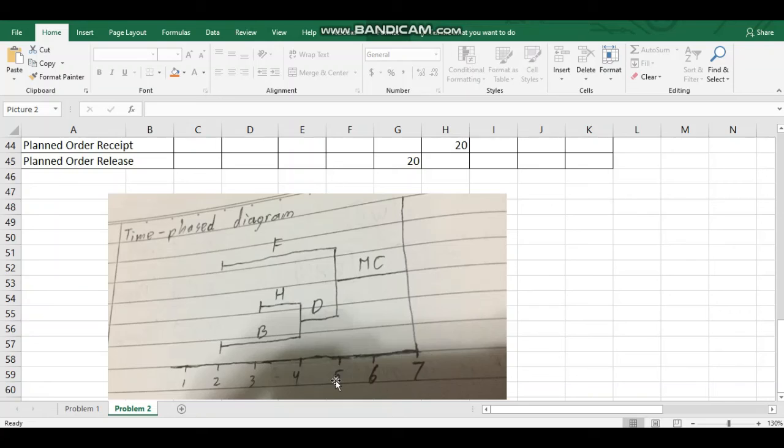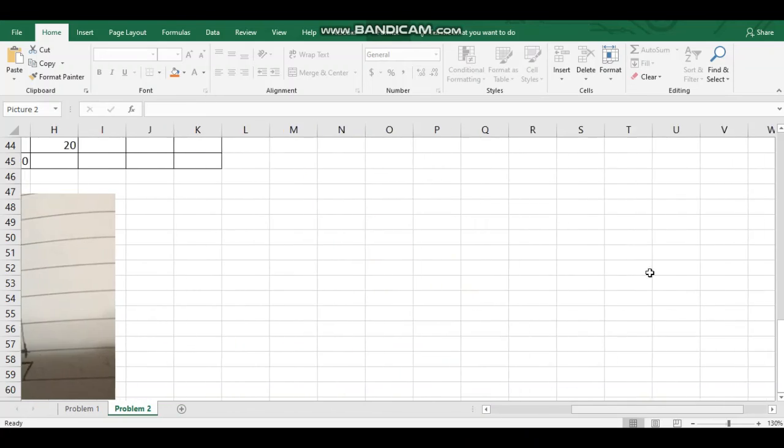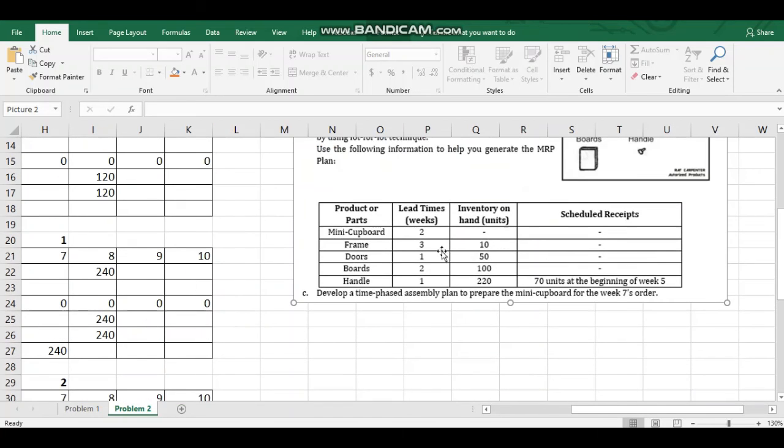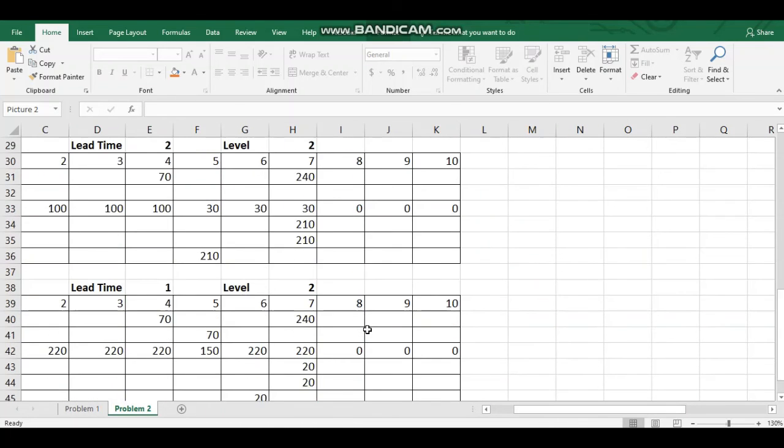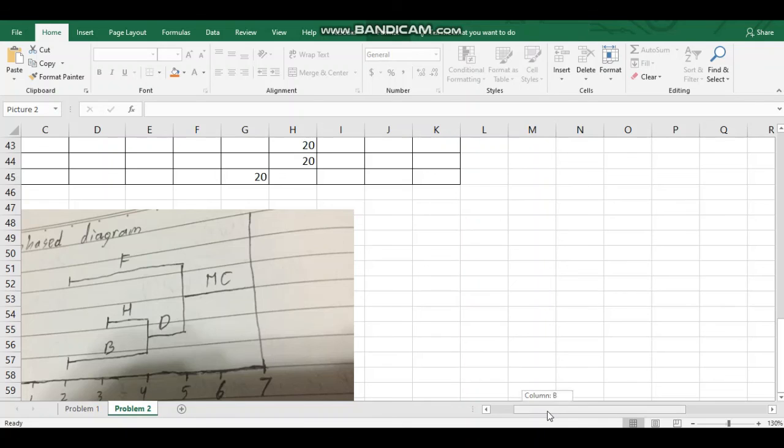Okay, 1, 2, 3. So frame should start in week 2. And for the doors, the lead time for doors is 1 week. So you only have to pull back the line 1 week before week 5. So it should be starting in week 4.